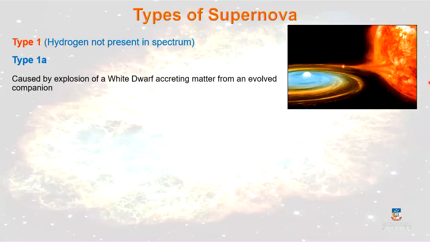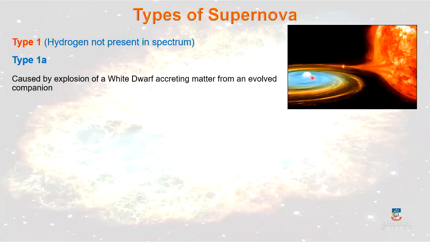It's caused by a white dwarf star orbiting very closely to an evolved companion, so a red giant. So it's a binary system, but in a very close orbit. And a white dwarf has got a very, very powerful gravitational field because it's a collapsed star. So it pulls gas off the red giant, and it forms an accretion disk around the white dwarf, which slowly spirals in and lands on the surface.